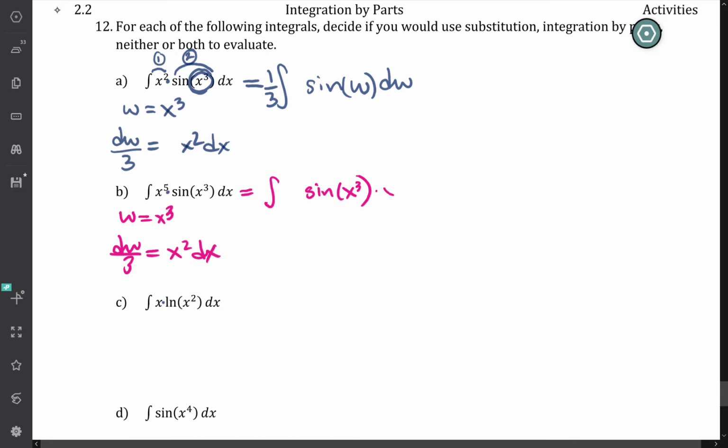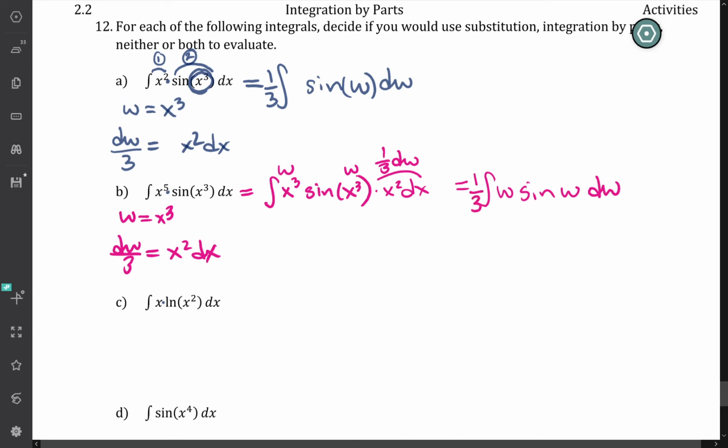I'm going to move 2 of them back with my x squared so that this can be replaced by 1/3 dw over 3. I know that the w can replace the x cubed, and then if I look, I have an x cubed out in front, so it can actually replace that as well, which turns this into a w sine w dw over 3, and I'm going to move that 1/3 out in front.